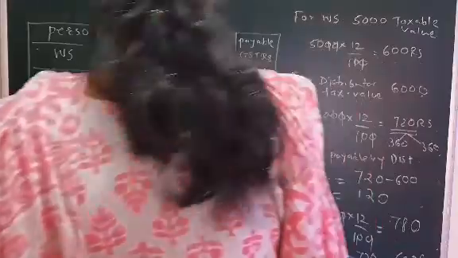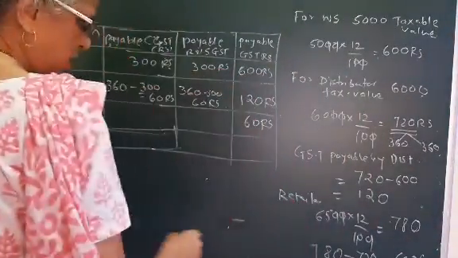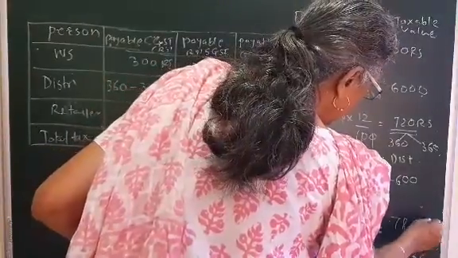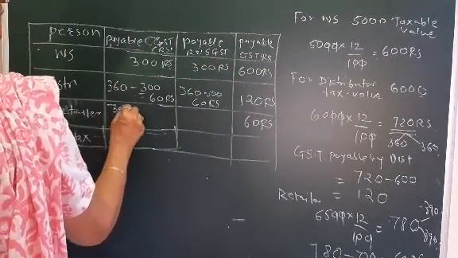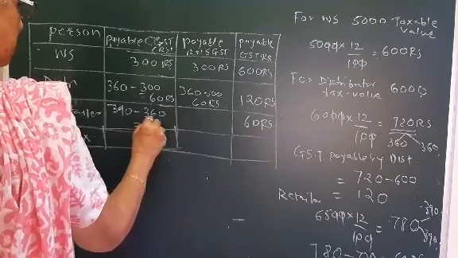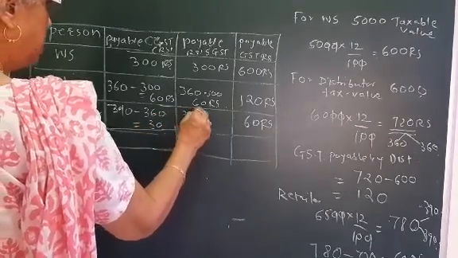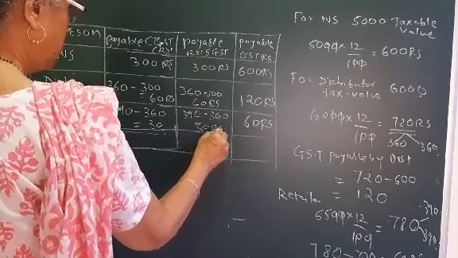Or you may do this, 780 divided by 2, 390, 390. Followed. So here 390 minus 360 equal to 30 rupees. Followed.